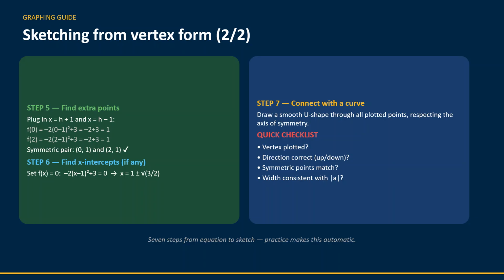Divide by 2 and take the square root. X minus 1 equals plus or minus the square root of 3 over 2. So x equals 1 plus or minus the square root of 1.5. That gives two x-intercepts, one on each side of the axis of symmetry. Now connect the dots with a smooth curve.